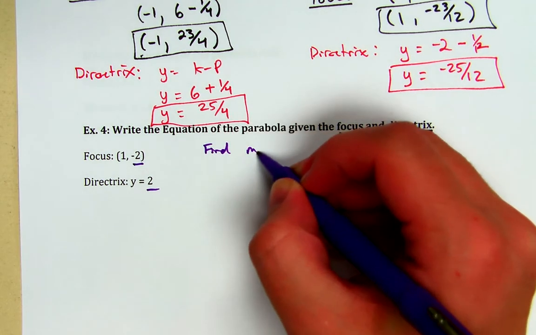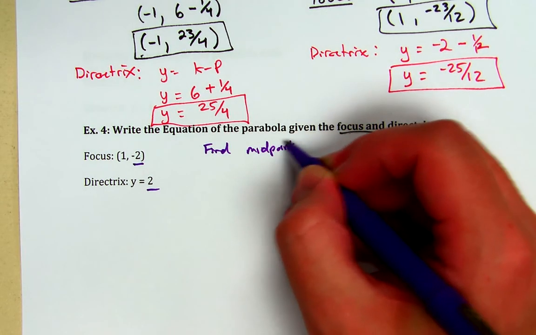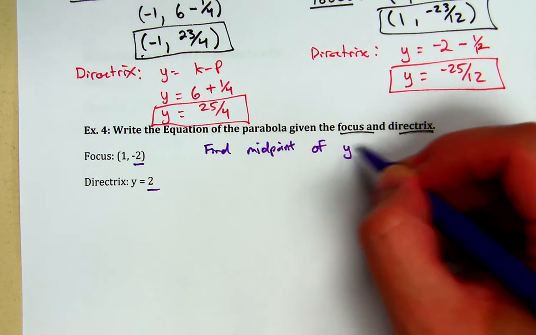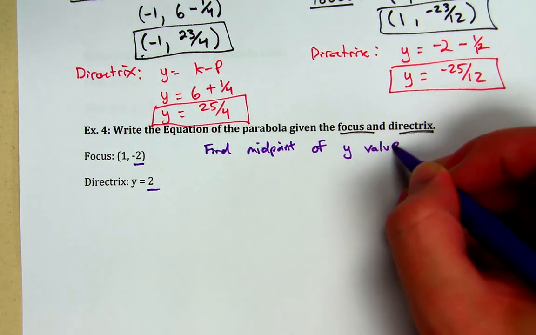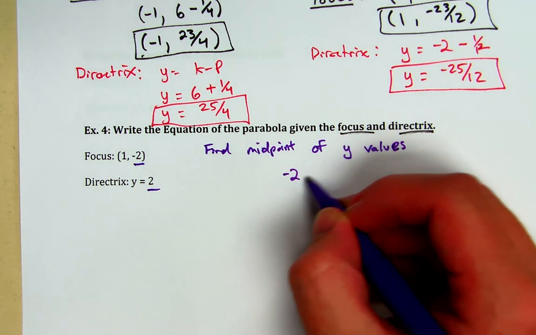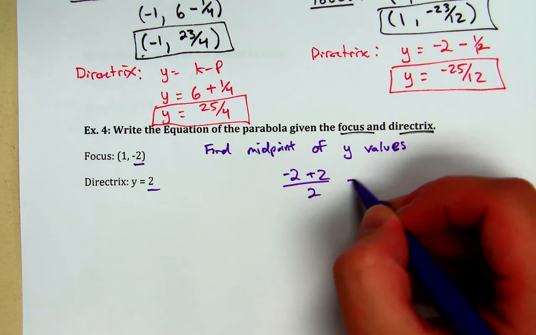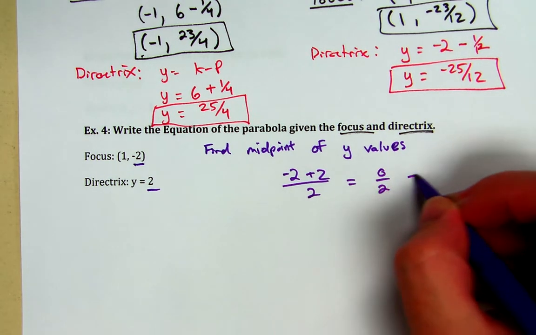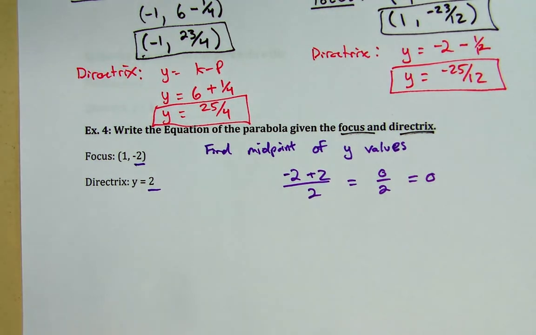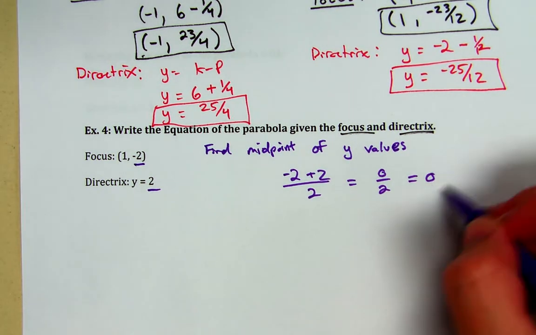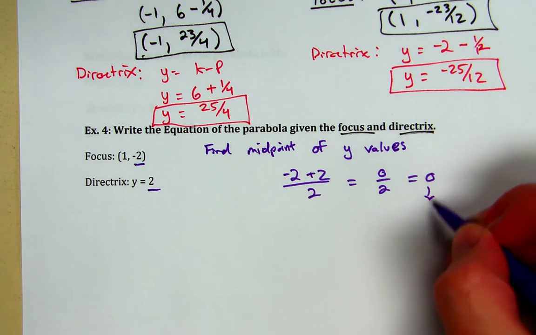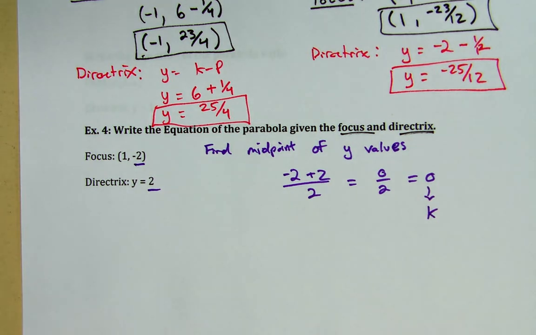So I'm going to take negative 2 plus 2, divide by 2. Well, that's 0 over 2, so that equals 0. That means the midpoint of the y values is k. K is 0.